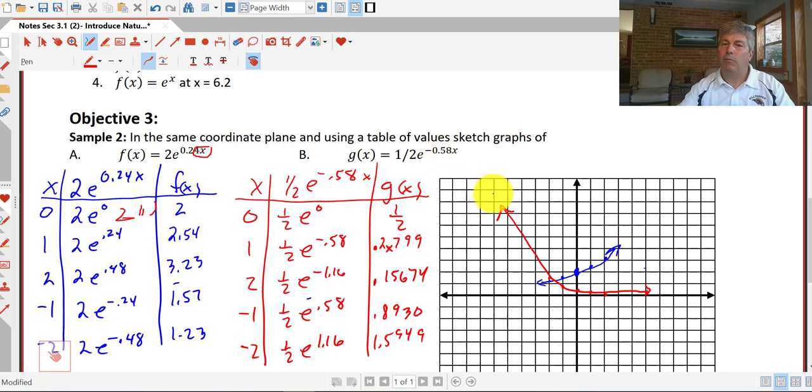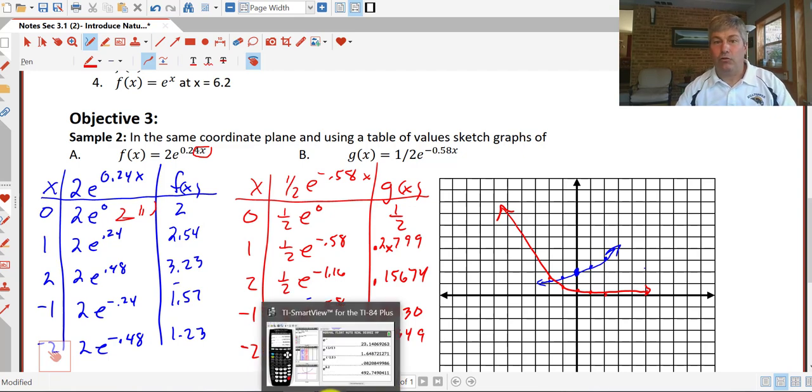It's a different function, but it's going to also move in a different direction. With that negative exponent, we're going to fall as we move from left to right, whereas when we have the positive exponent, we rise when we move from left to right. So again, I chose a bunch of values for x, and I put them in, and I used my calculator and got those particular values, and I plotted those points.